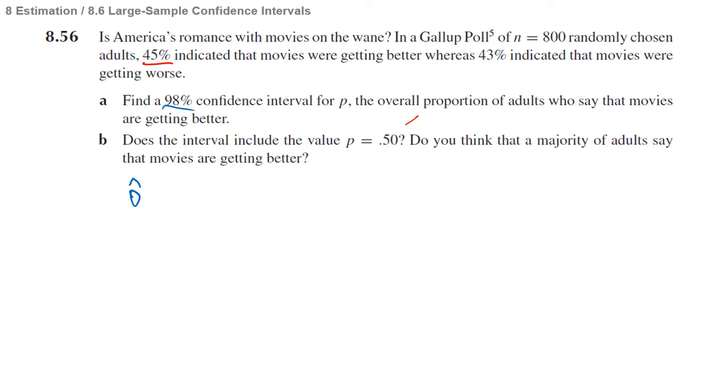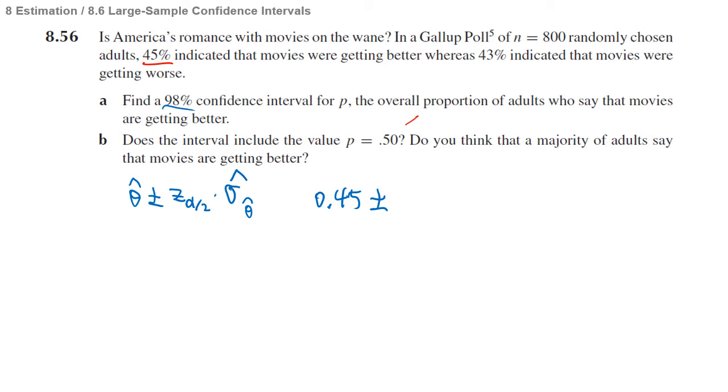As I mentioned, the confidence interval can be derived as theta hat plus minus z alpha over 2 times sigma theta hat. And actually, we can replace this sigma theta hat with sigma hat for large samples. So we are going to use this formula, and theta hat in this case is 0.45 plus minus z alpha over 2.